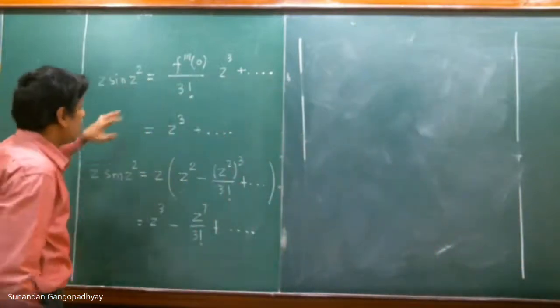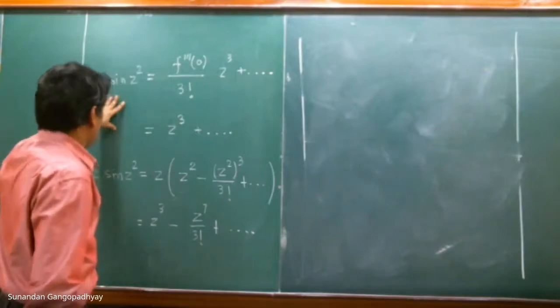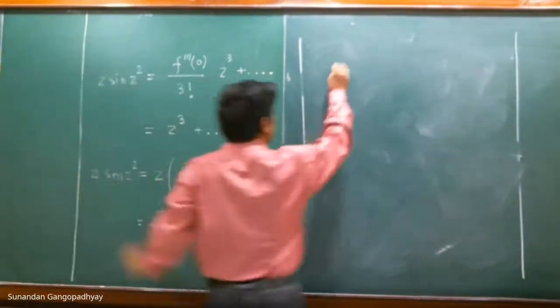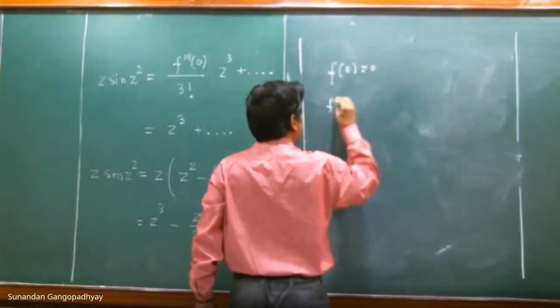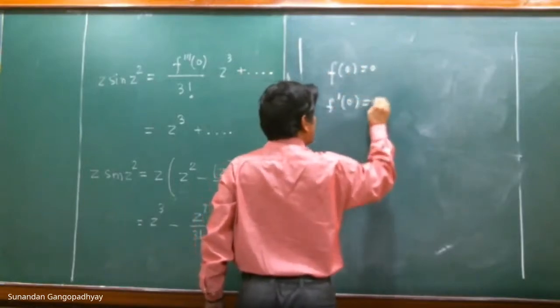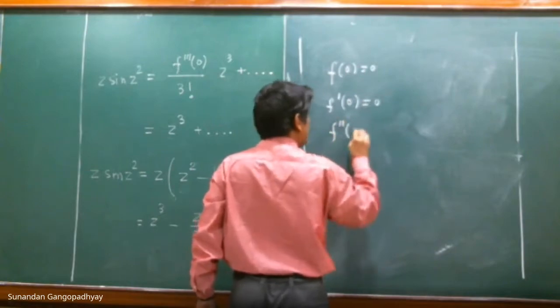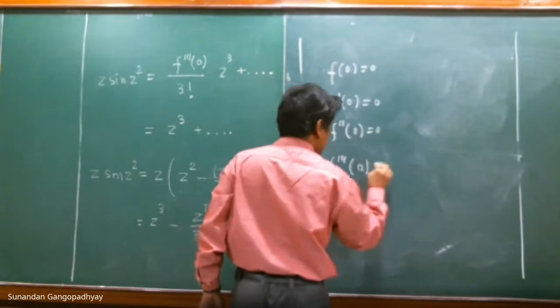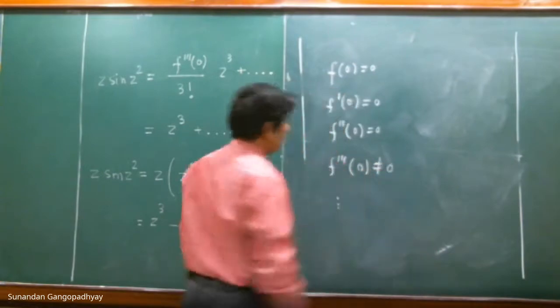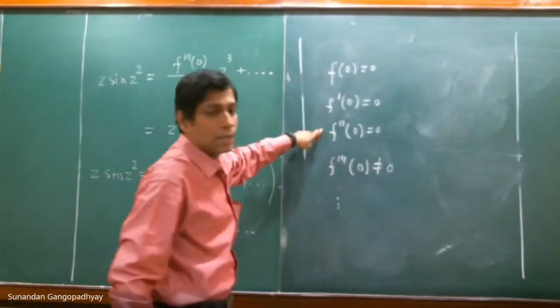But now, if you notice carefully, what we have seen for this function is f of 0 was 0, f prime 0 is 0, f double prime 0 is 0, and it is only f triple prime of 0 which is non-zero, and so on. So the first three things are 0.